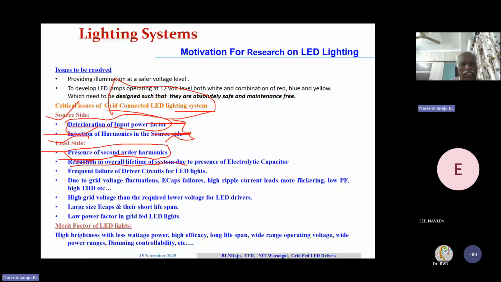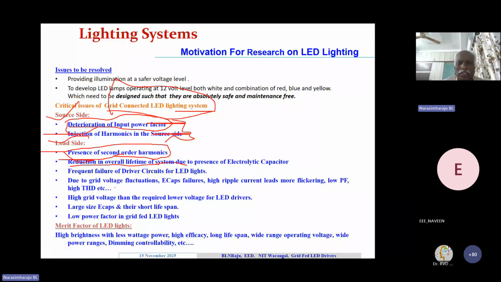And also the fluctuation from the grid side. Suppose you see voltage fluctuations in the grid, which lead to frequent failure of the capacitor, because basically a capacitor's life is mainly related to the number of charging and discharging cycles.